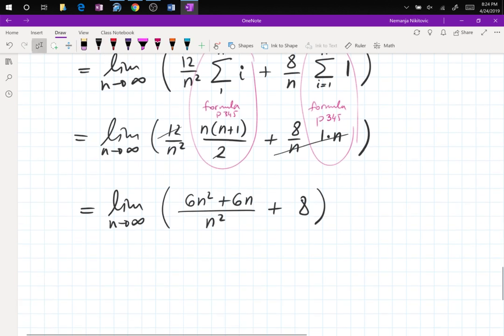The limit as n goes to infinity: these have the same exponent, so it's just 6. 6 plus 8 is equal to 14. Exact area is 14 from this calculation. Woohoo, huh?